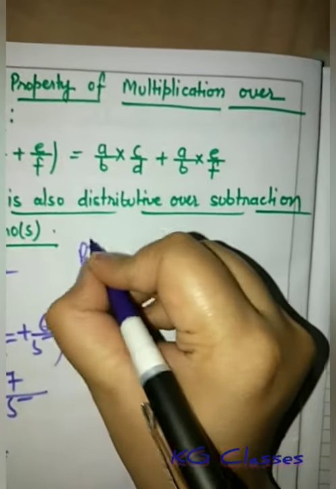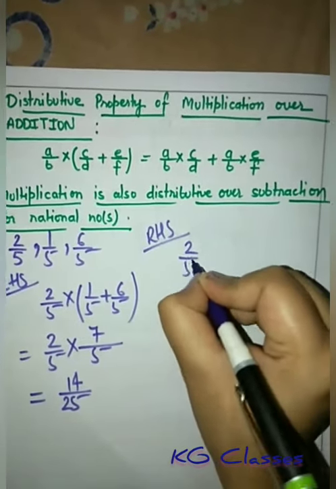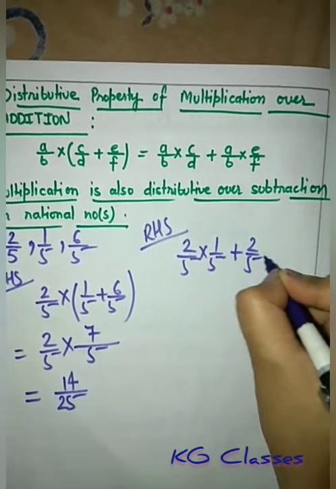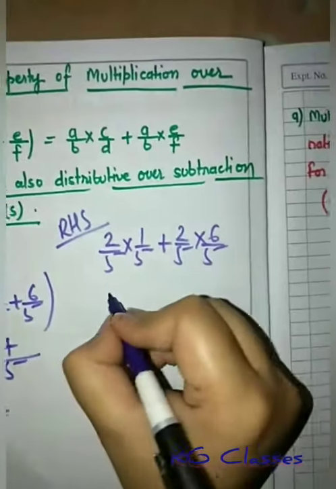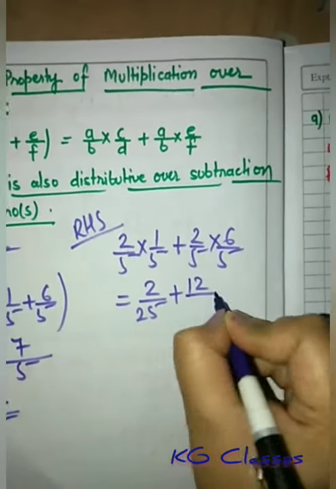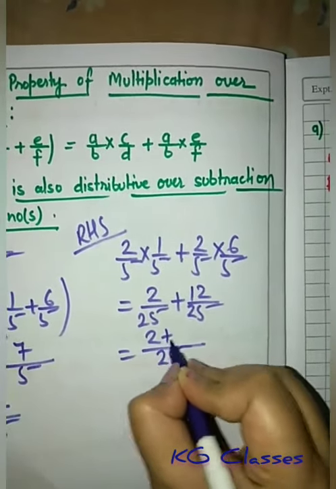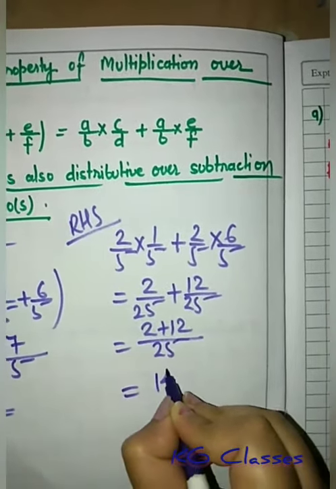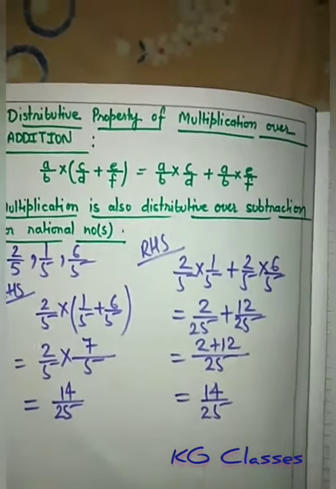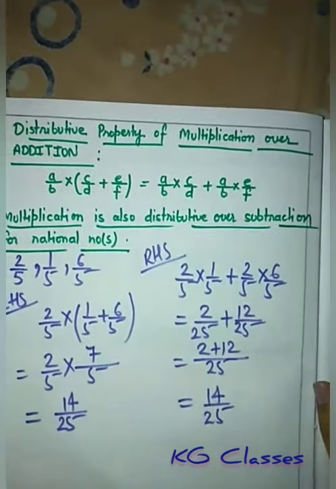Now we will solve right hand side of it, which is 2 by 5 multiplied by 1 by 5 plus 2 by 5 multiplied by 6 by 5. Now solve it. 2 1s are 2 and 5 5s are 25. 6 2s are 12 and 5 5s are 25 again. Let's take LCM of them. What will we get after adding them? 14 upon 25. In both situations we get the same result. So distributive property of multiplication over addition is applicable.